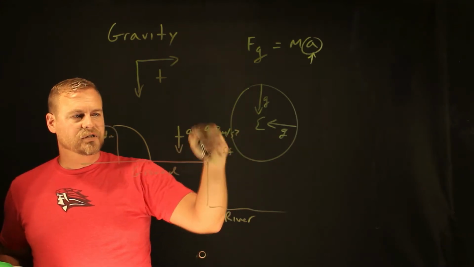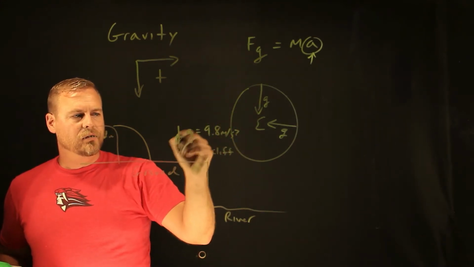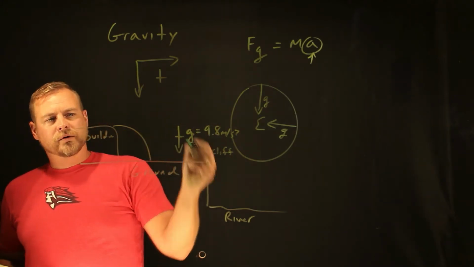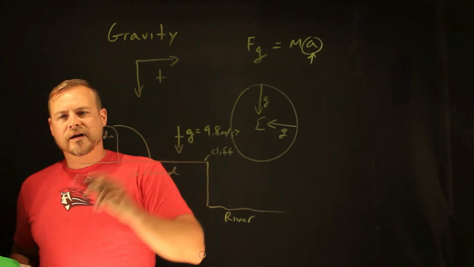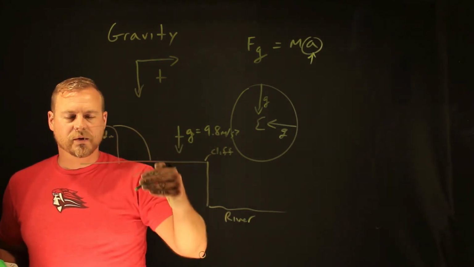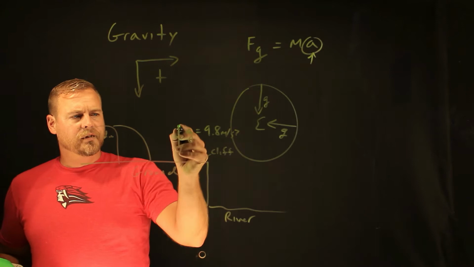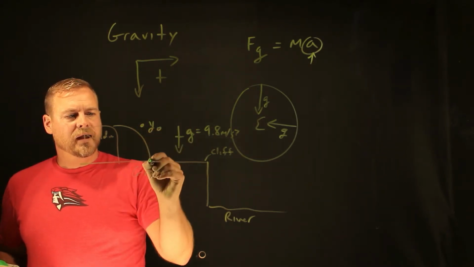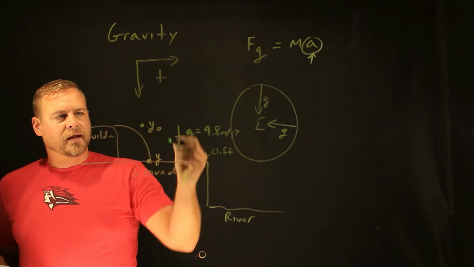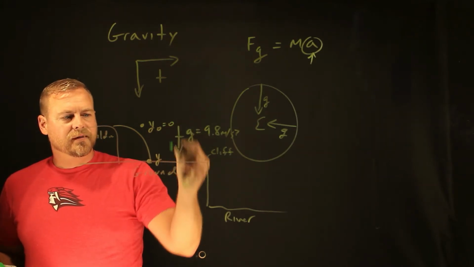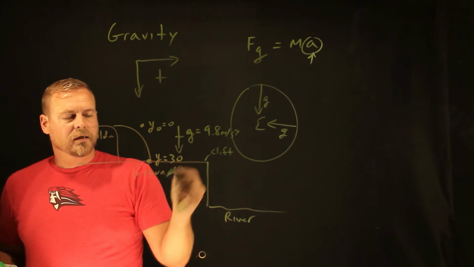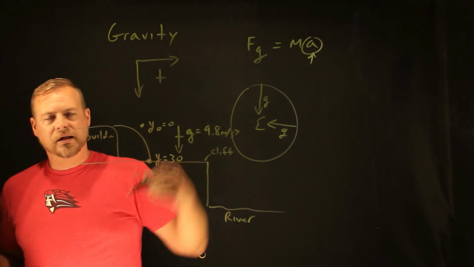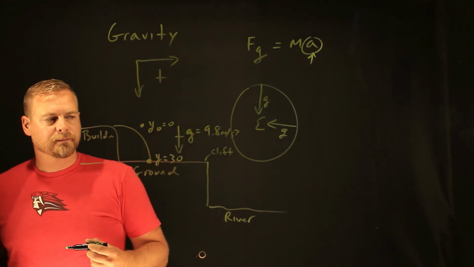So because acceleration of gravity is always down, and it's in line with your reference point, it becomes positive. And so when you stick it into your equations, you're always going to have positive numbers because you're always talking about things going down. Now, the other thing that this reference point does is that if you have an initial position and a final position, the initial position is 0, and that final position is going to be a positive number because it's all in line with the direction of your reference point.